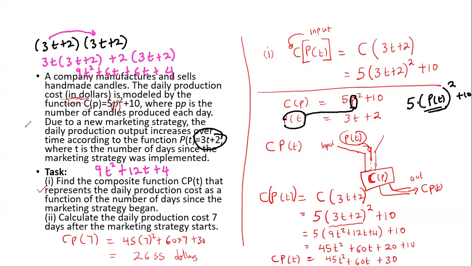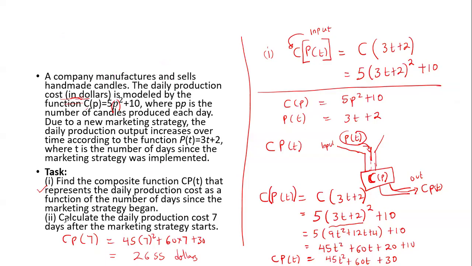The other alternative, in case they had not asked us to calculate the composite function, let me call it the manual way. For part 2, the manual way was you first get P of t, which is 3t plus 2. Now, this was 7 days. So P of 7 will be 3 times 7 plus 2.